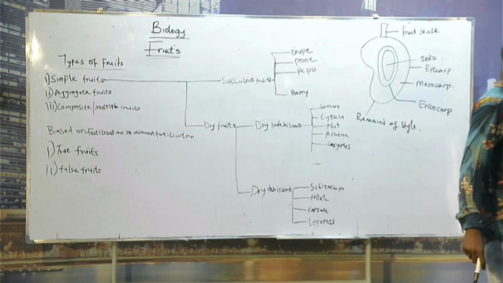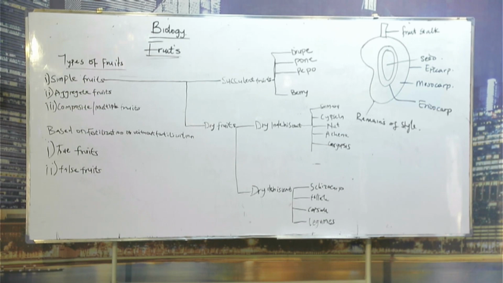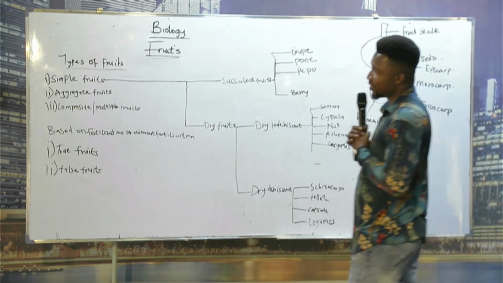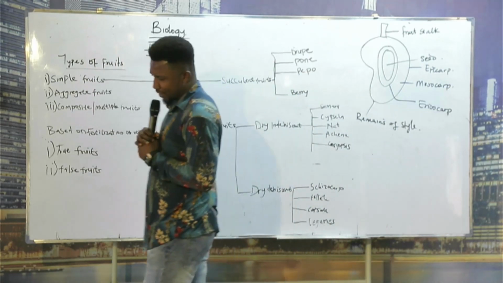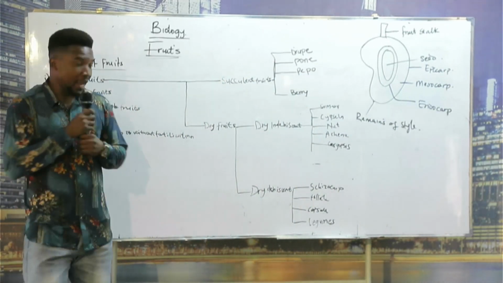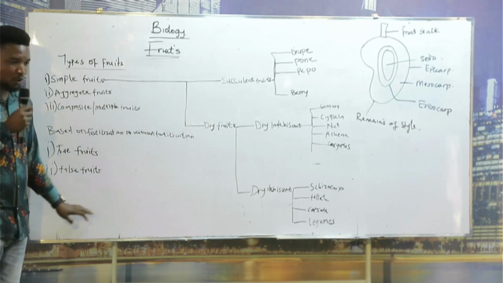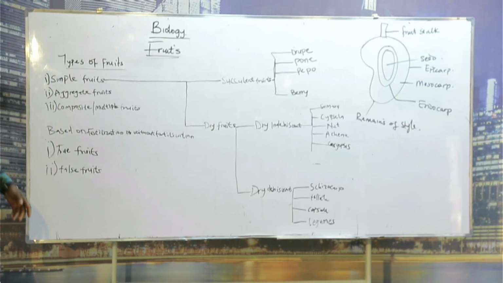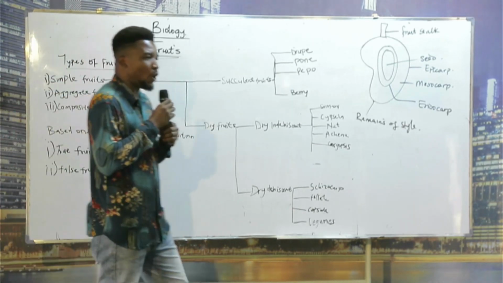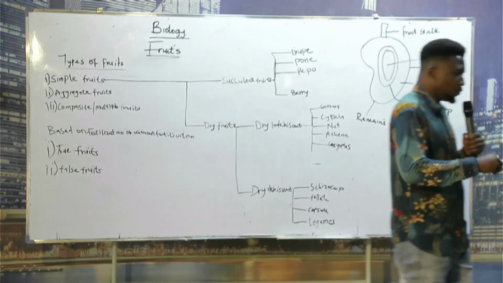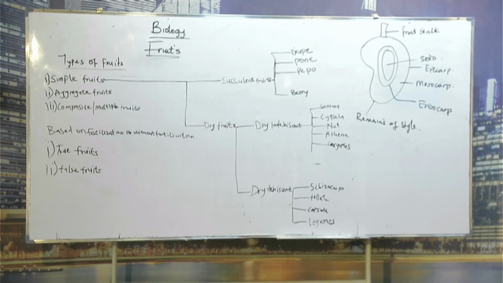Now I want to explain, then give you the notes. Probably call it a day, then we'll meet again next week. Okay, so we have true fruit and false fruit. Let me explain. A fruit that is formed from the ovary is known as a true fruit.